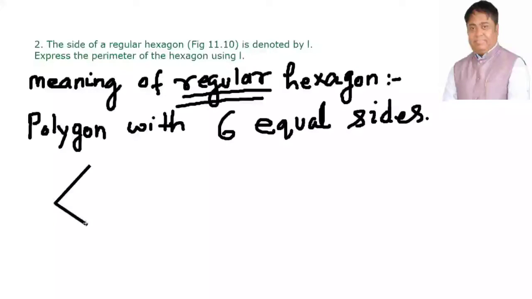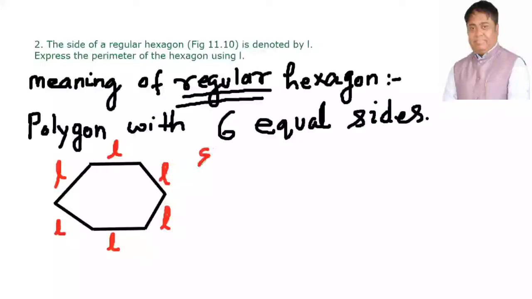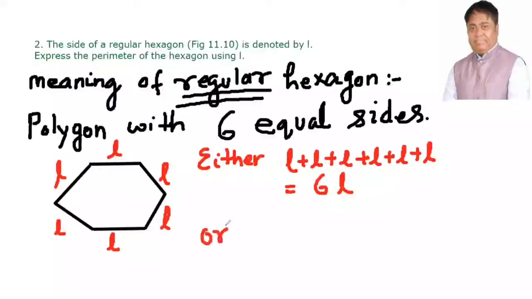One, 2, 3, 4, 5, and 6. Okay. If one length is L, then all will be L. So either add all the L's 6 times, or simply multiply 6 with L will be equal to 6L.